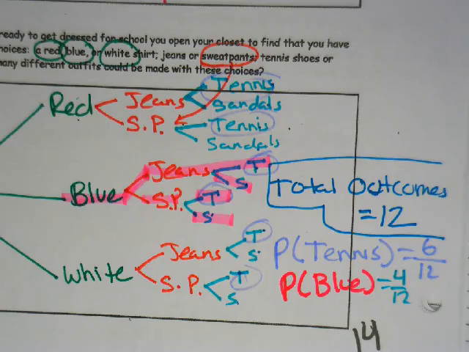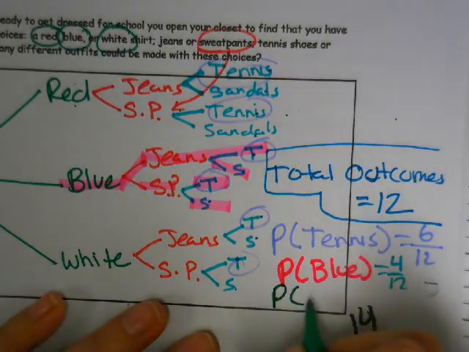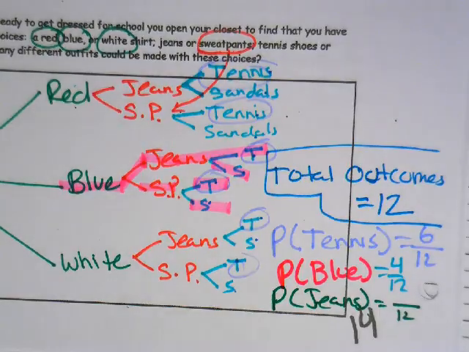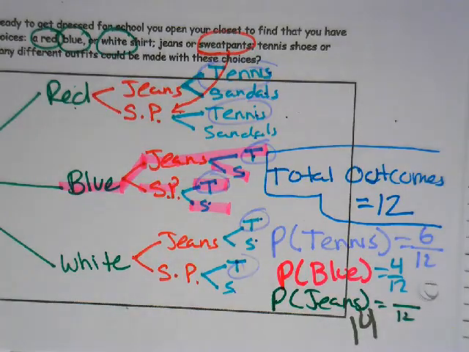Okay. Let's see if you guys can do this one. How many times do I wear jeans? How many times do I see jeans? A combination with jeans. I got 6.